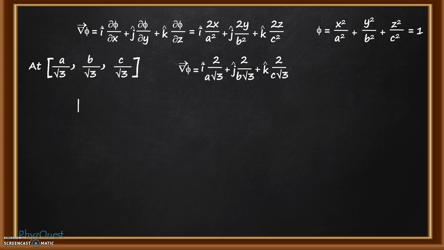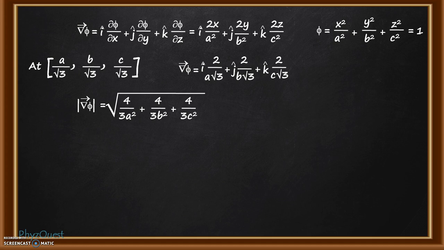That means we have to now divide by the magnitude of the same vector. The magnitude of gradient of phi, the modulus, will be equal to the square root of the sum of the squares of these terms. So this will be 4 by 3a square plus 4 by 3b square plus 4 by 3c square.